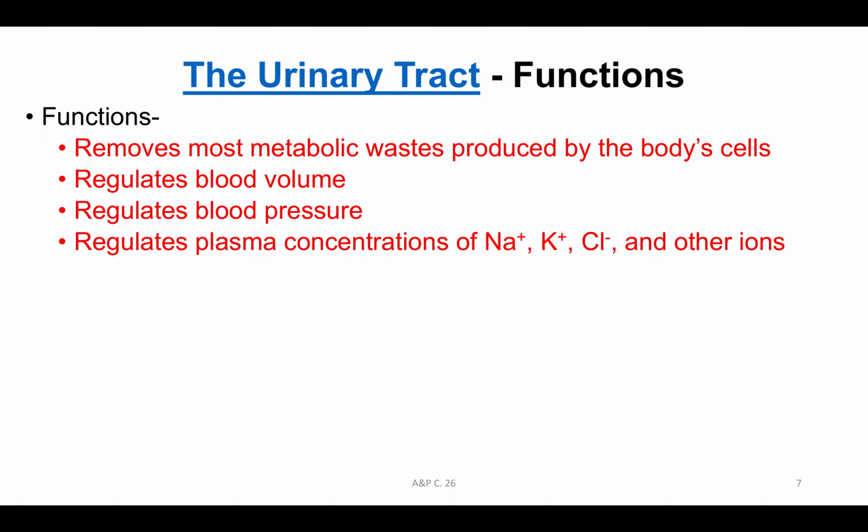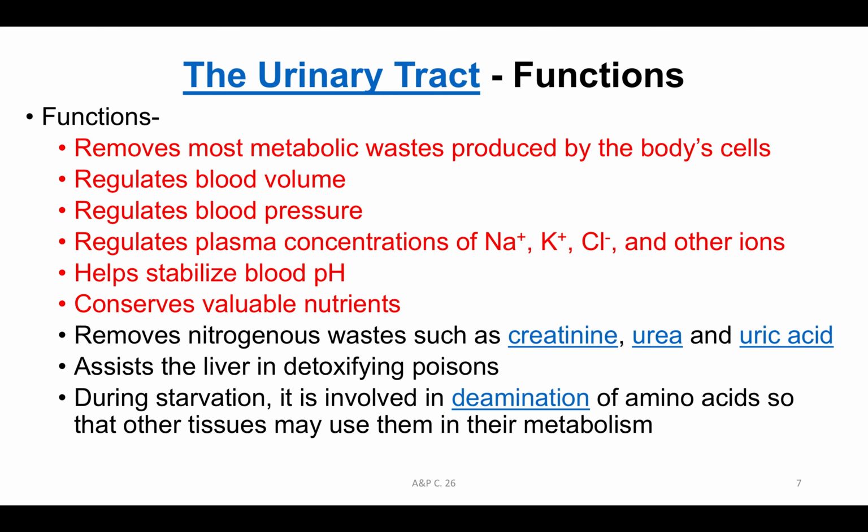The functions of the urinary system are to remove most of the waste produced by your cells. It helps regulate your blood volume and blood pressure. It regulates the plasma concentrations of sodium, potassium, and chloride ions. Remember, blood plasma is the fluid that surrounds your blood cells and carries your blood cells to your body's tissues.